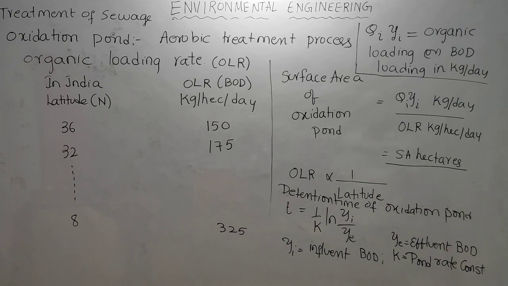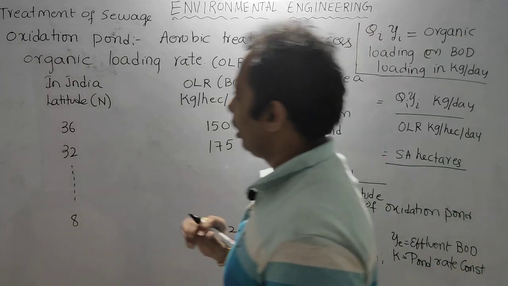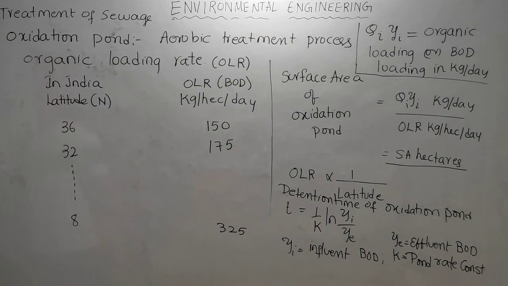Okay, so this way we can design by looking at the organic loading rate and the organic loading that is coming. Organic loading will come from the sewage. Organic loading rate will come from the latitude where this pond exists. If you know these two, we can decide the surface area of the oxidation pond, and the detention time can be determined depending upon how much effluent BOD you need.